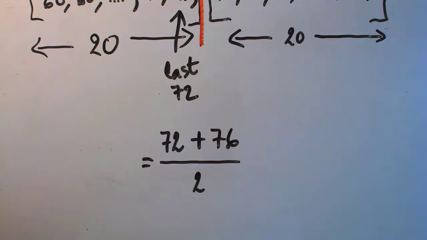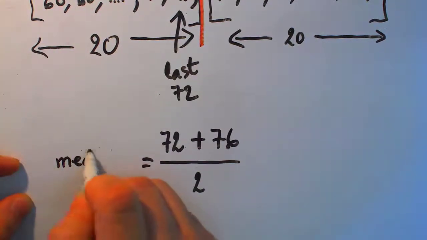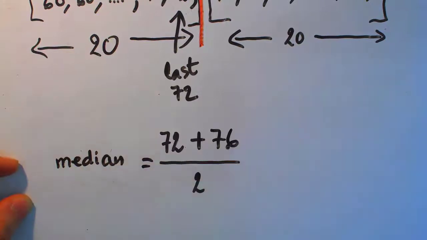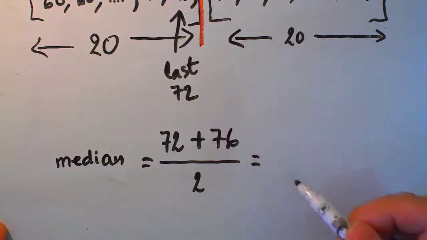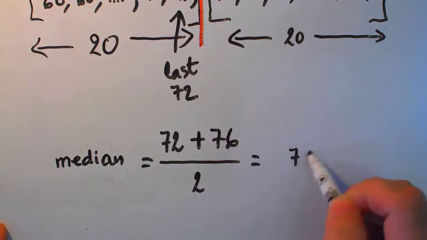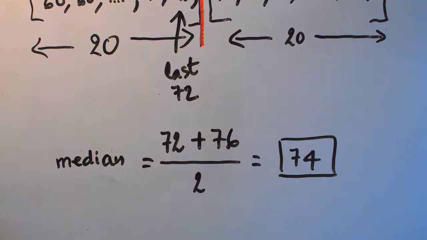Didn't leave myself enough space here, forgive me. But that is now our median. All right, and so 72 plus 76 divided by 2 is going to give me my final value being 74. And that's my median value in data 1.